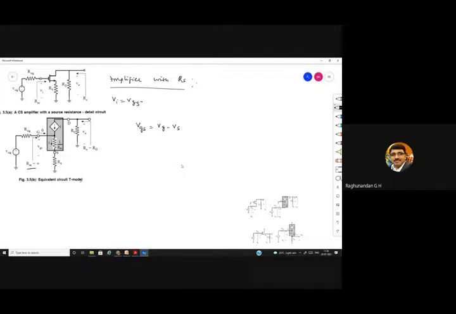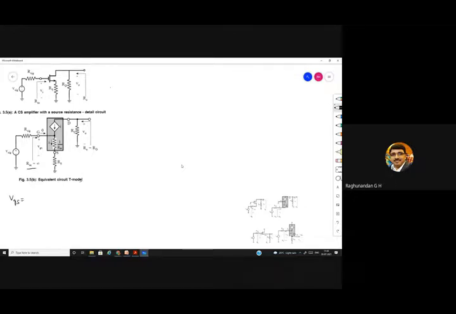No, VS is not equal to 0. VS has some voltage drop. That's why we cannot directly write VGS equal to Vi. So what we need to do is apply the voltage divider rule and then find out the VGS value. Let us see how we are going to do it.